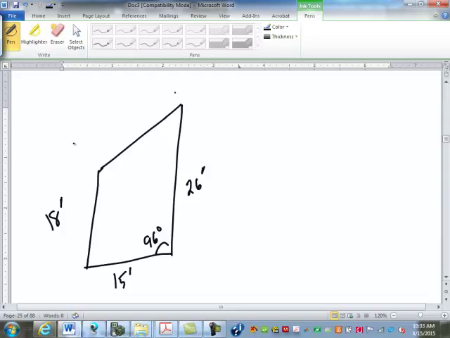I'm going to give you that these two sides are parallel. I want to find the area of this.